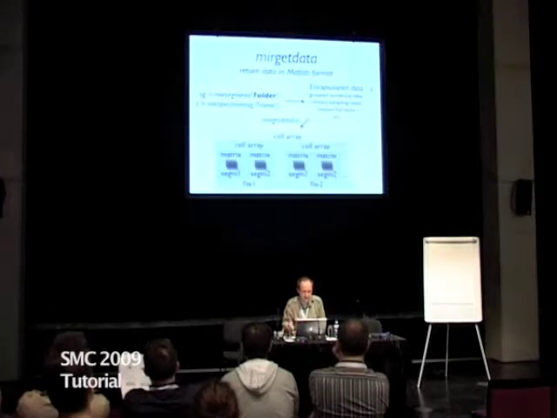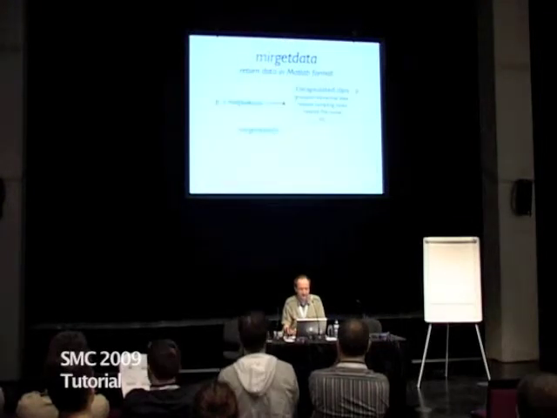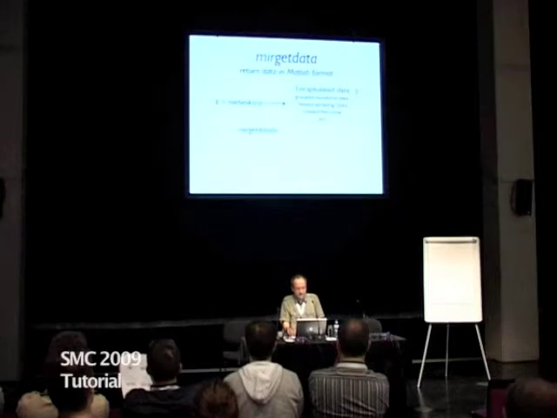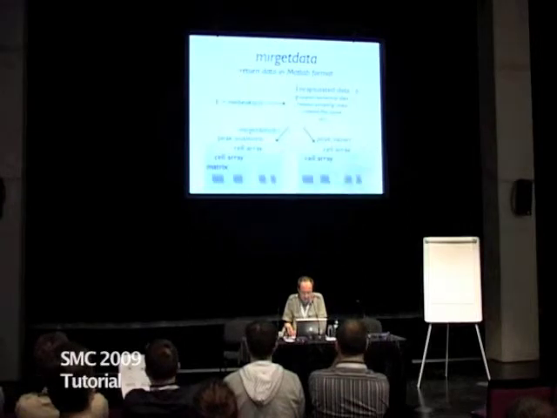So you have a cell array where each cell is one file, and then a cell array where each cell is one matrix. That's why MIRgetData will try to make the result as simple as possible. And for instance, if you have a peak picking, MIRgetData can return two outputs, the peak positions and the peak values.